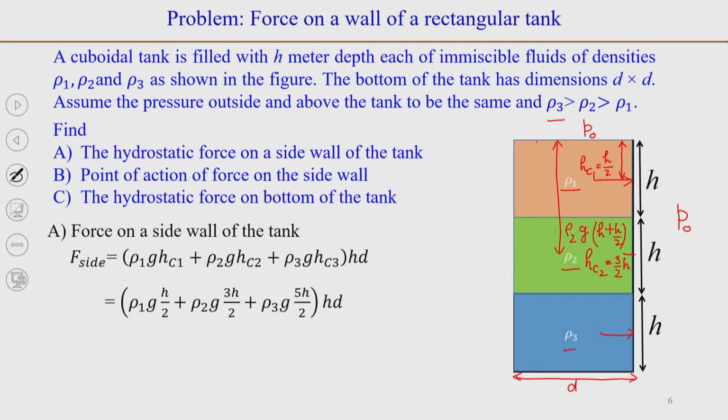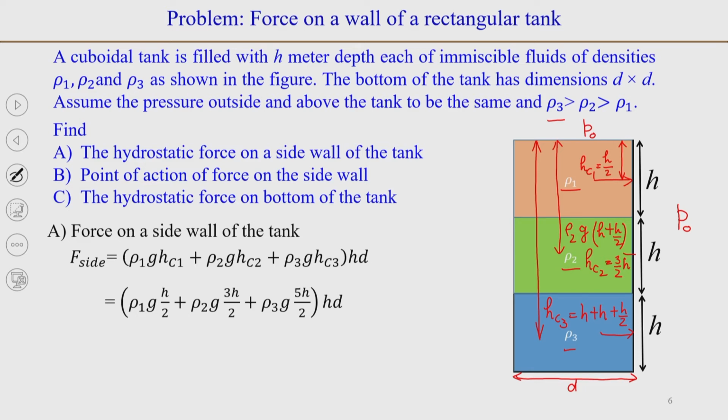So, H C 3 will be equal to h plus h plus h by 2. So, that will be equal to 5 h by 2. Okay.